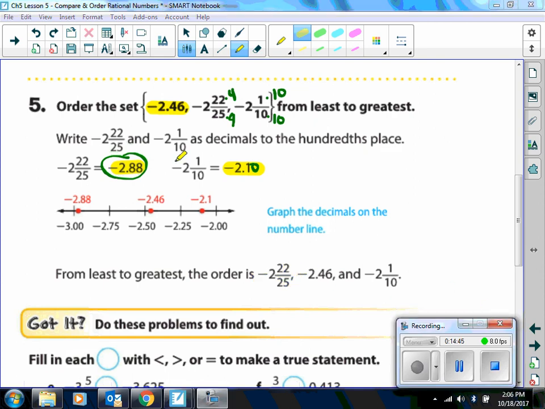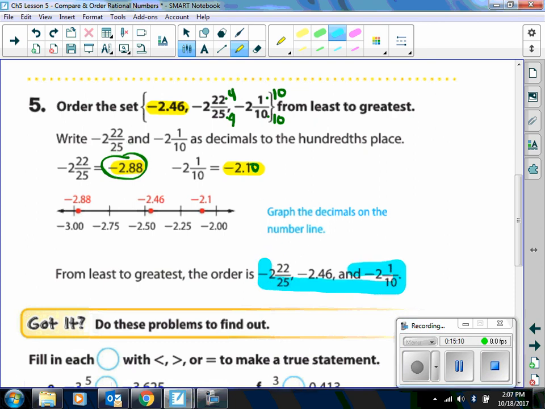Then the next one is the 2.46, the 2 and 46 hundredths. That's already a decimal. And then lastly, we have the 2 and 1/10. Here's the 2 and 1/10 right there. Okay? Is everybody clear? Now, please note that when you write your final answer, you do not write the decimal that you changed it to. You write the original number.